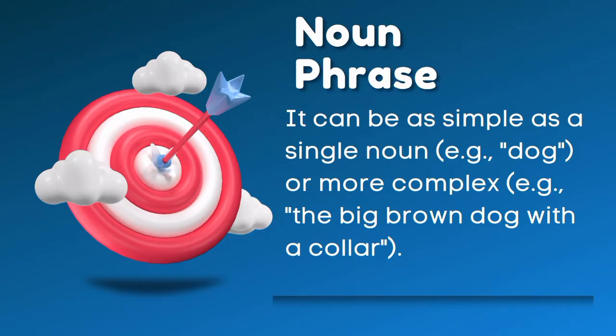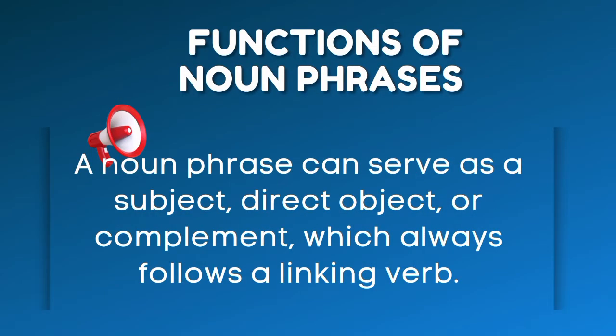So now to the functions of noun phrase. A noun phrase can function as the subject of the sentence or the subject of the verb. It can function as the object, either direct or indirect objects.